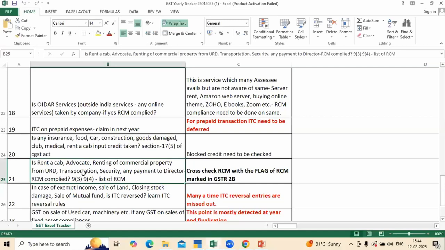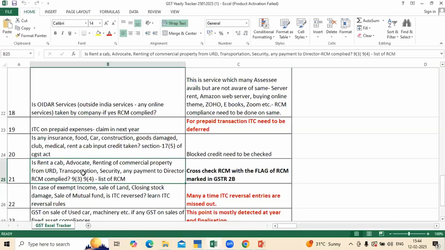So I need to ensure that for any rent paid by me, if that rent is paid for a commercial property and that too from unregistered, I need to pay RCM. And even rent for a residential property used for commercial purpose, I need to pay tax under RCM. So any payment to directors also, I need to ensure the RCM compliance.